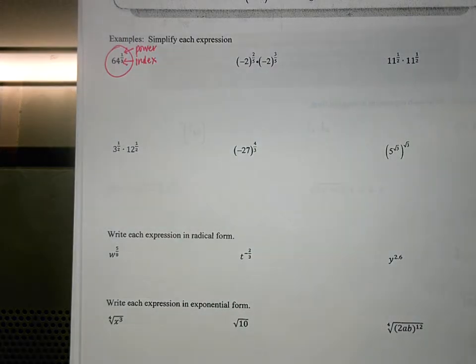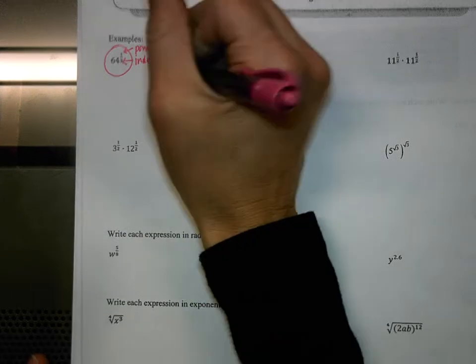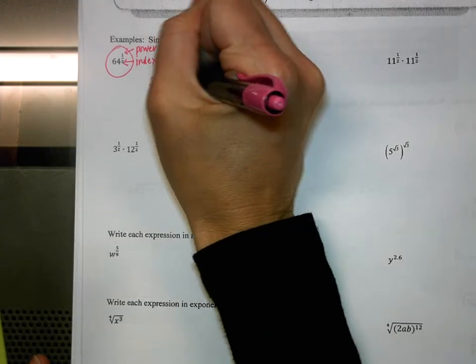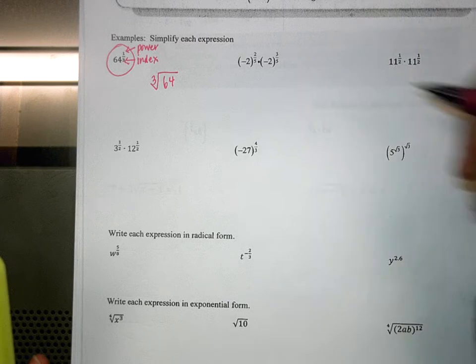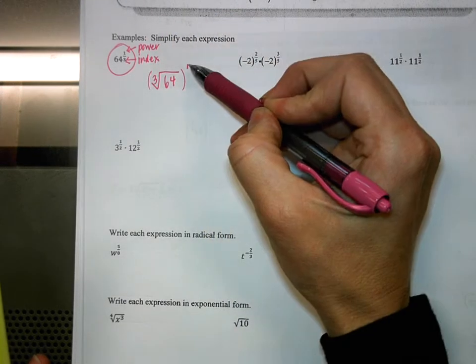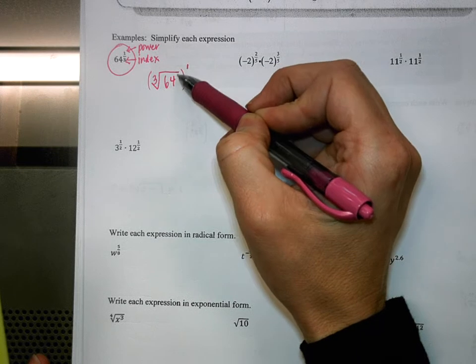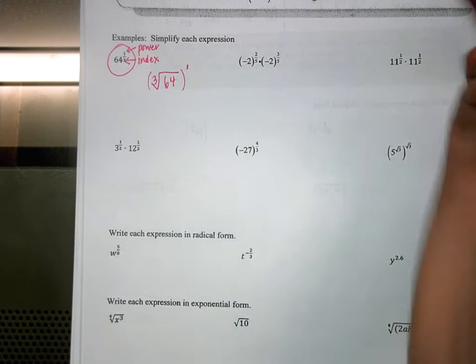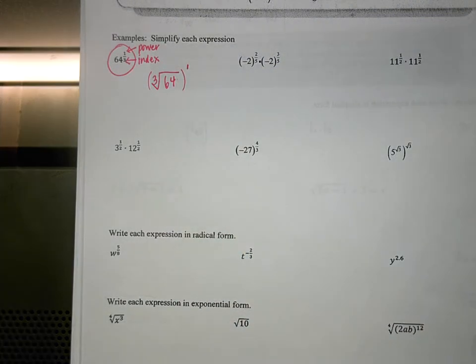So to rewrite this one, you write your index, so it's the cubed root of 64, and then I could raise that to the first power. This first power can go on the whole thing, or just on the 64. It can go in either spot.